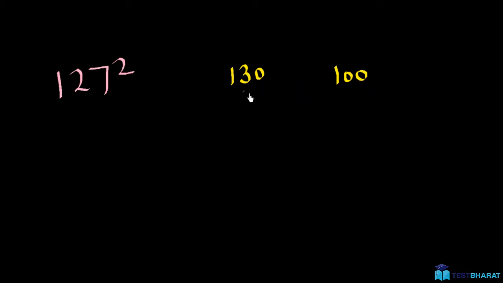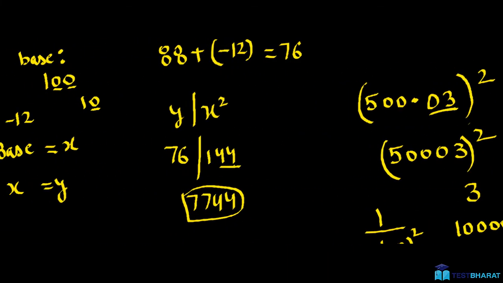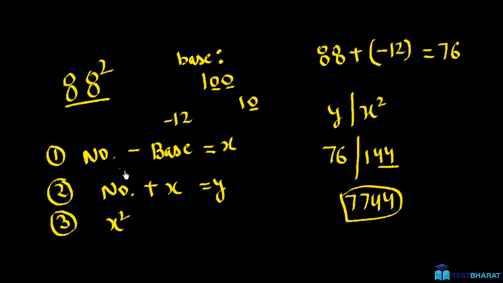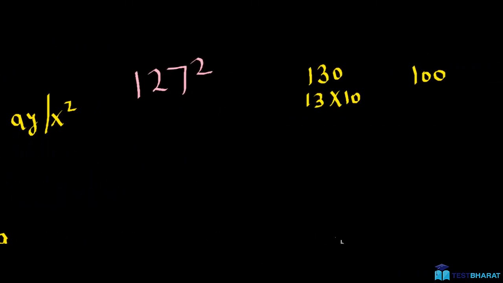If I take a base of 130, that is 13 into 10. What I have to find is x, y and a. My x is number minus base. The number which I have to square is 127, so 127 minus 130 gives me minus 3.